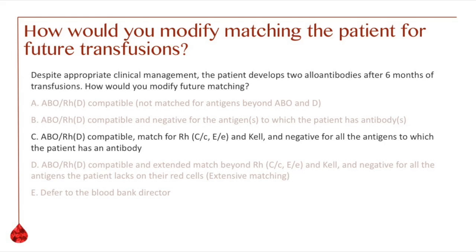Regarding answer E, the clinician should not defer a decision to the blood bank director completely, but the director would need to provide input on the feasibility of the approach to matching based on the complexity of the patient's phenotype. It is important to remember that none of these options completely prevent further alloantibodies because individuals may receive a portion of their transfusion in health systems that do not follow these practices.